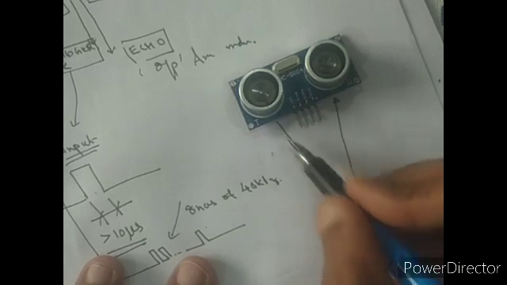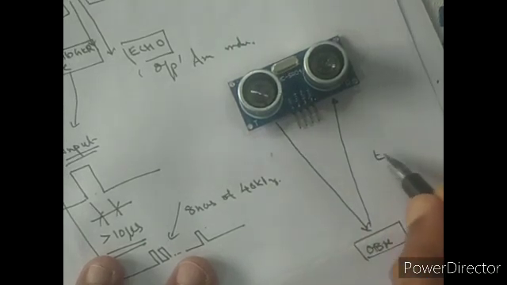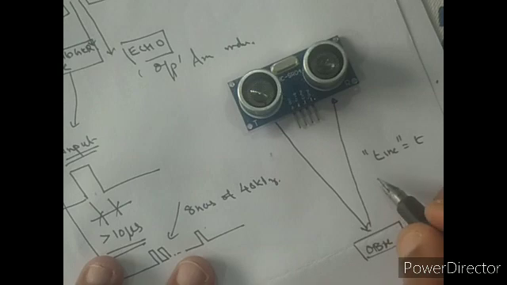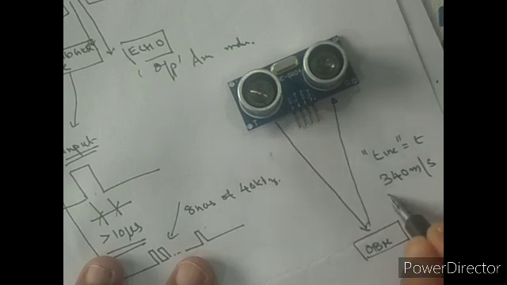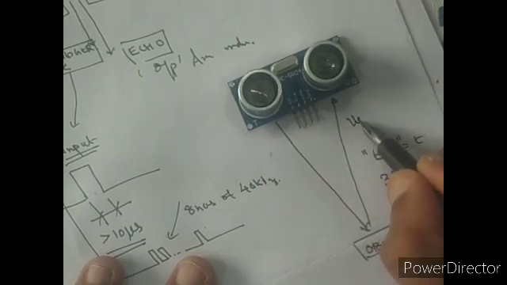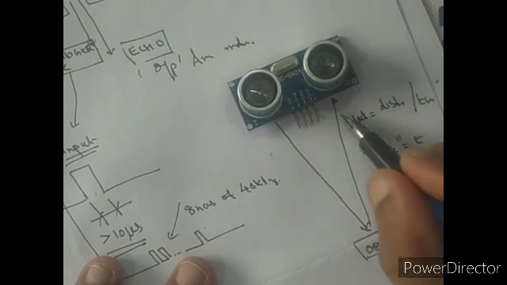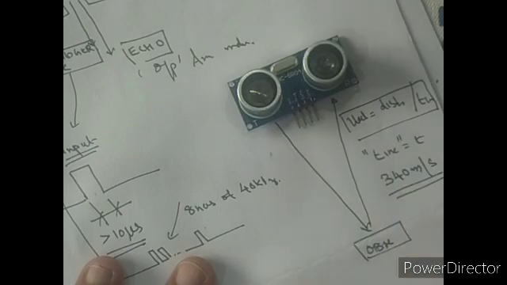So assume the total time is t, that is the to and fro motion, and the speed of sound in air we know is 340 meters per second. Okay, so velocity is given by distance by time. So with this equation actually we are calculating the distance.